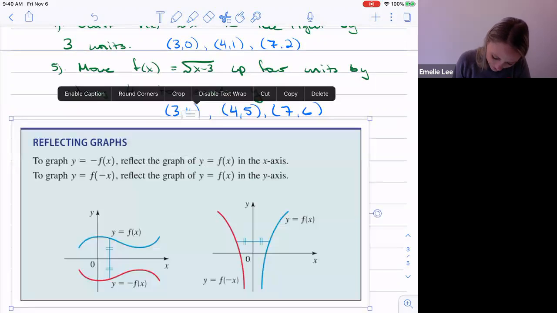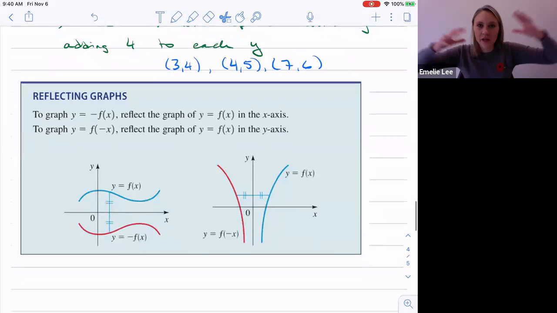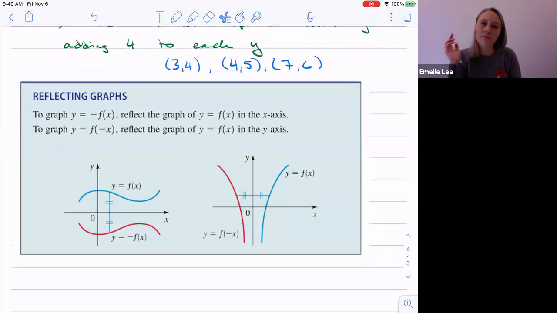So before we get to shrinking and stretching, I did those opposite. If you have the negative, so if you're negating the function itself, f of x, so notice that this is the negative of the y, then you reflect around the x-axis, right?